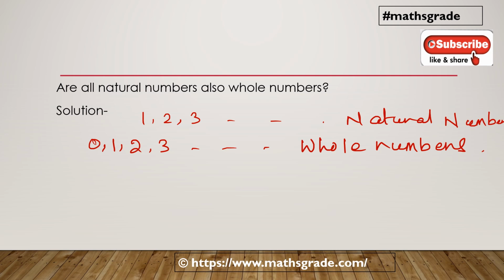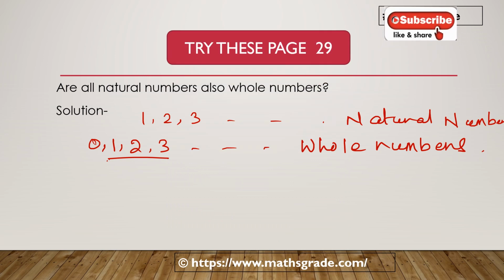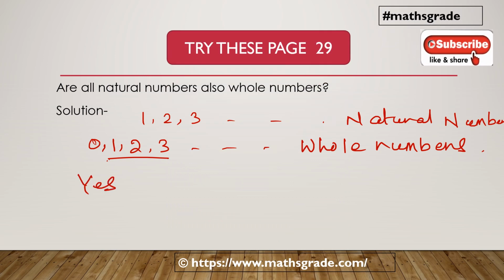Are all natural numbers also whole numbers? Yes, natural numbers are whole numbers, because the natural numbers 1, 2, 3 are also in the whole numbers 1, 2, 3. So all natural numbers are whole numbers, yes.